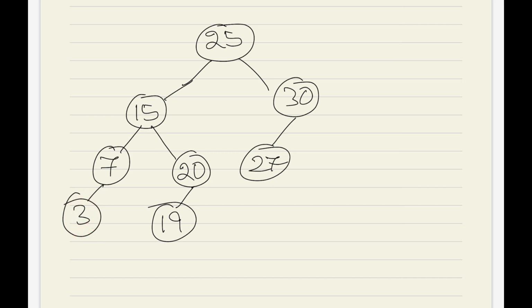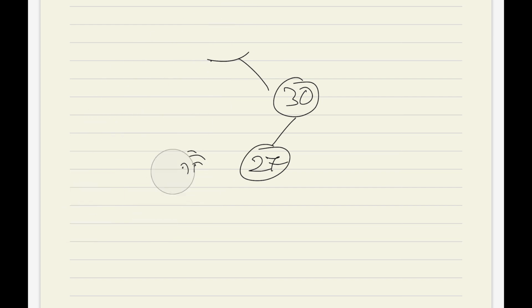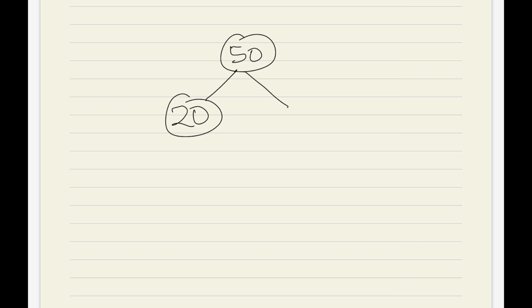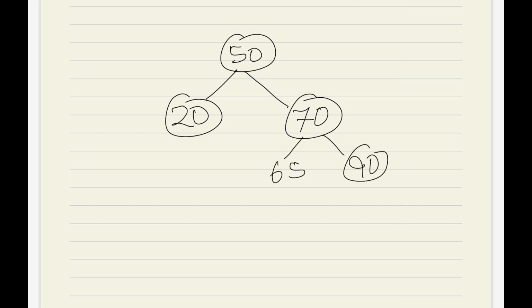Now consider another one. So let us remove this part. Okay, so now consider at the root we have 50, then it is 20, it is 70, so it is 90, it is 65.